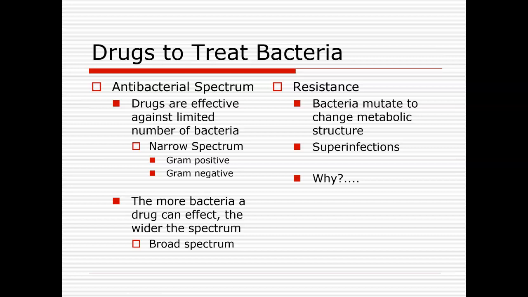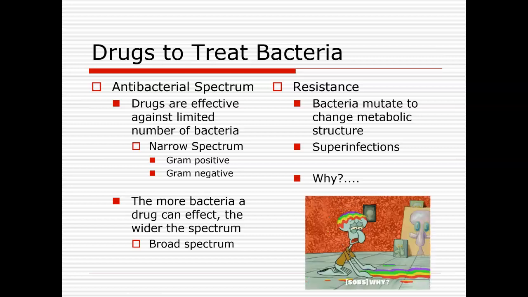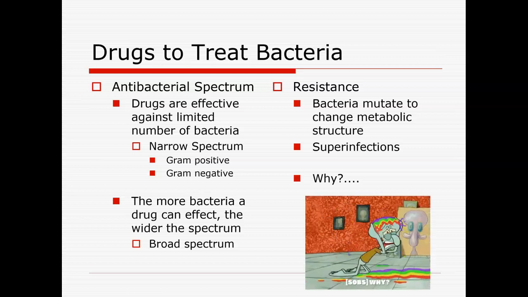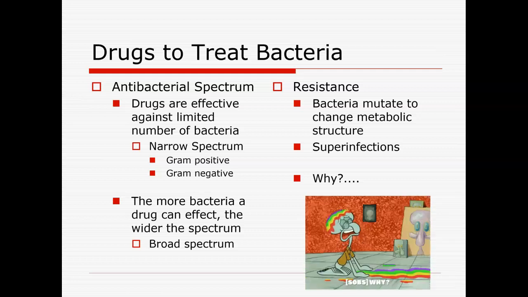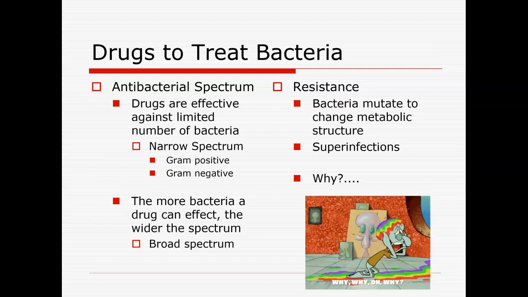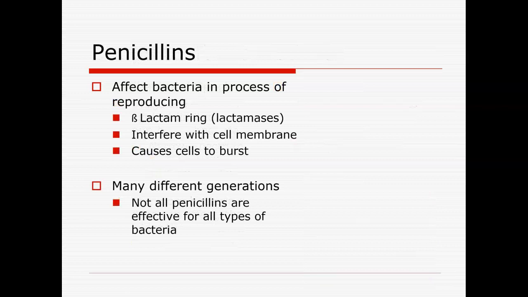The why is what I want you to know, so look in your book. I'm going to have some literature to read. We will definitely talk about some of the reasons how we got to this point of antibacterial resistance to those drugs.